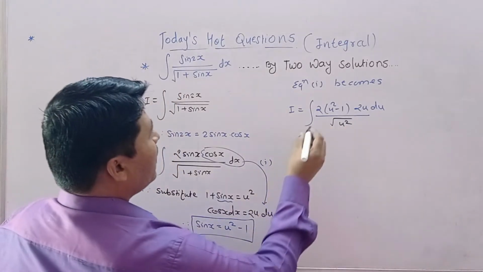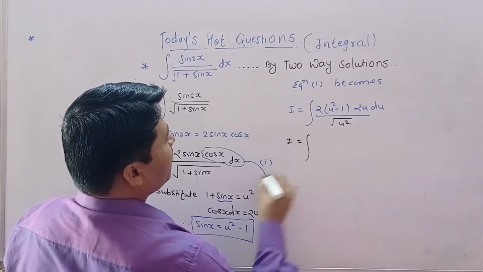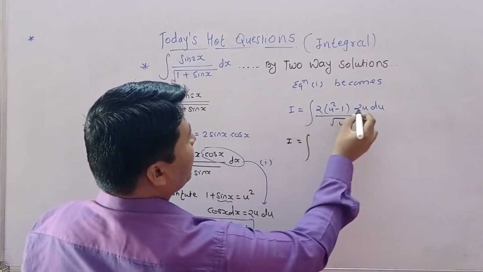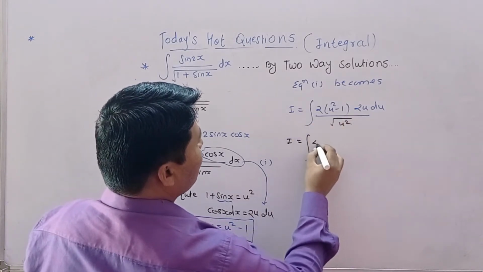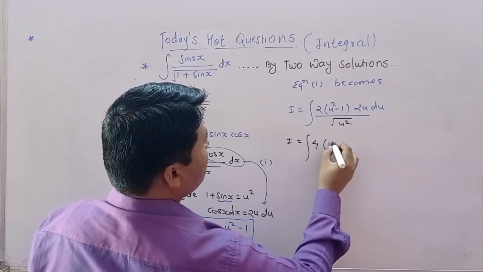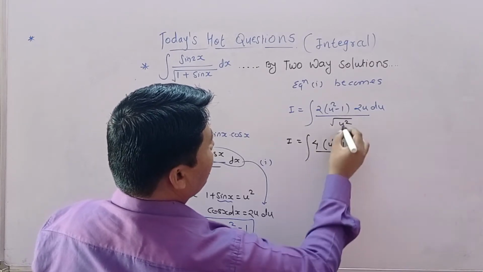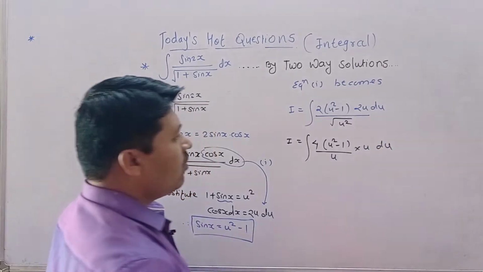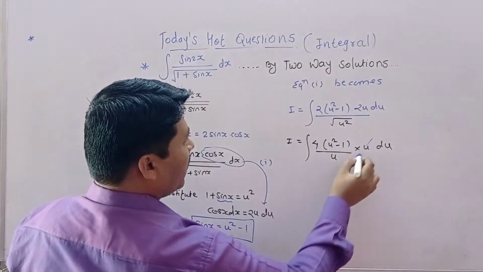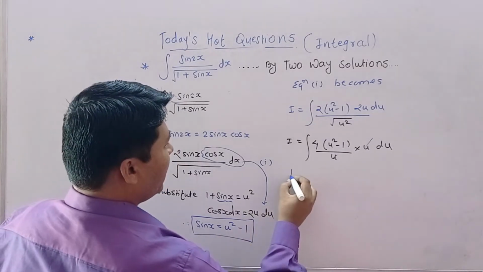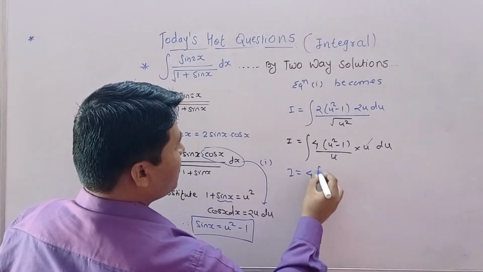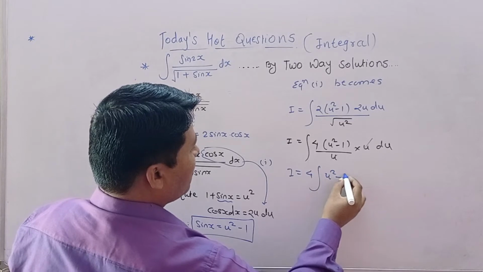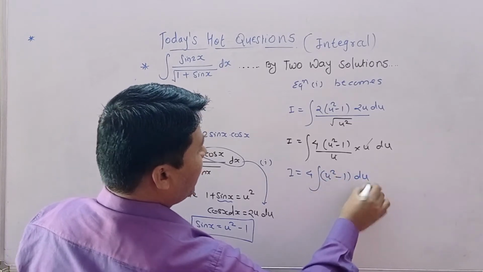Simplifying this term, we get 2 into 2, that is 4 times u square minus 1 into u divided by u du. Now u gets cancelled, and we get 4 times the integral of u square minus 1 du.